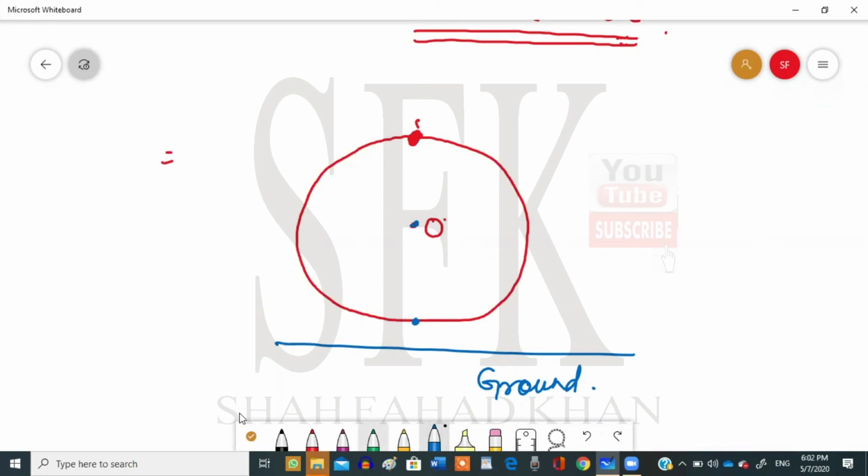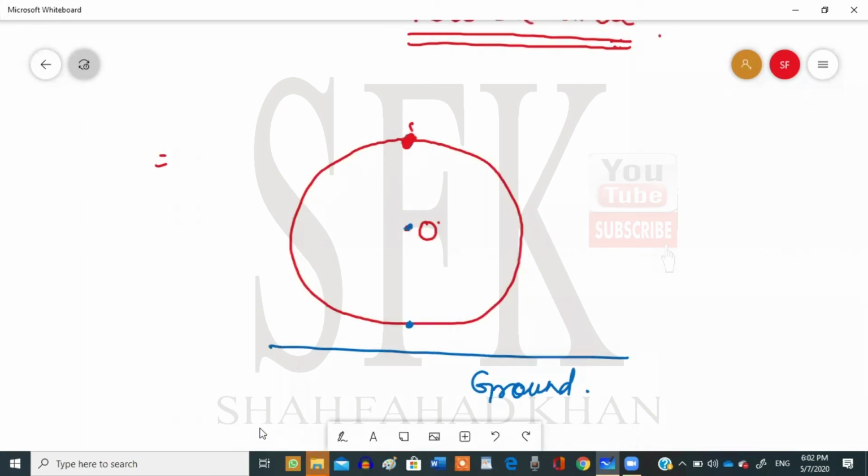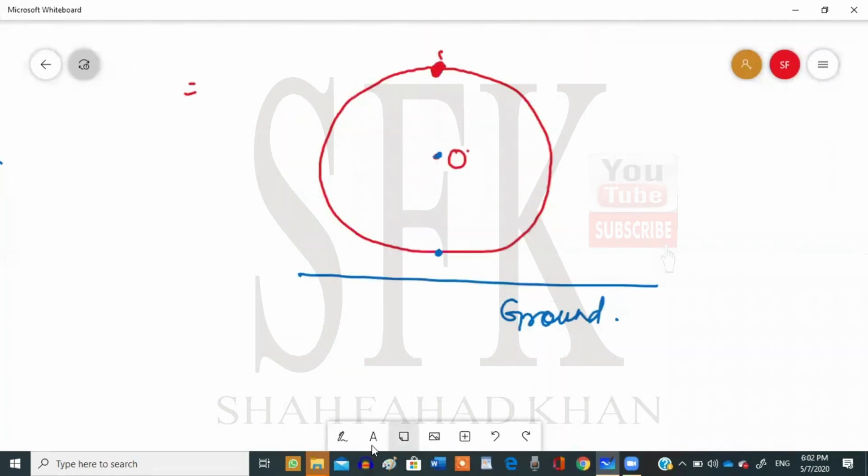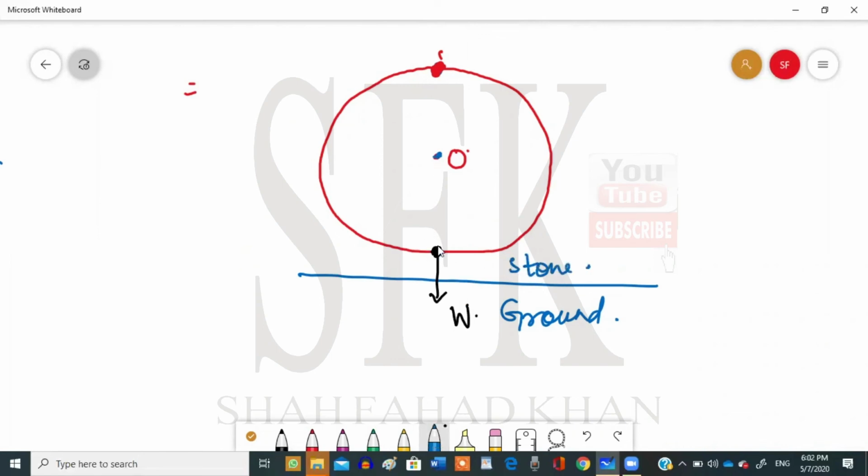Now, if an object is at the lowest possible point, its weight acts downwards. For example, this object is actually a stone attached to a string, and that string has a certain amount of tension in it, this tension force.